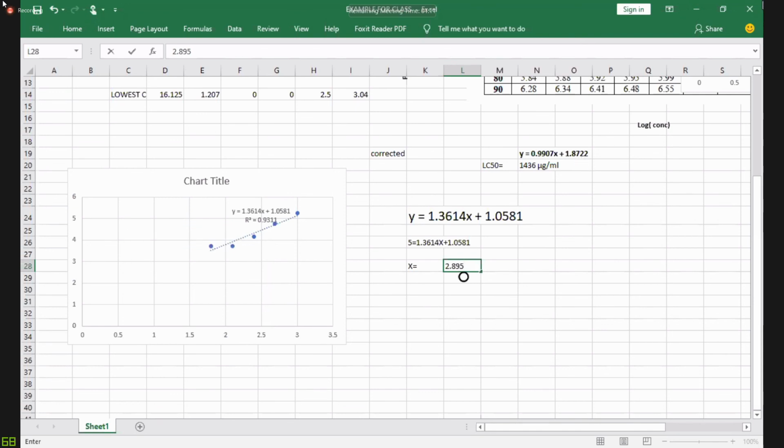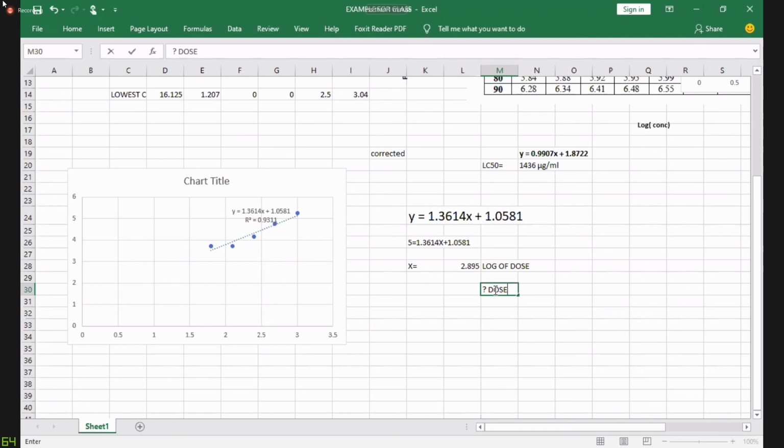Or you can substitute the value of y is 5, then you will get the value of x is 2.895. But please bear in mind 2.895 is the log of the dose. So what is actually the dose?